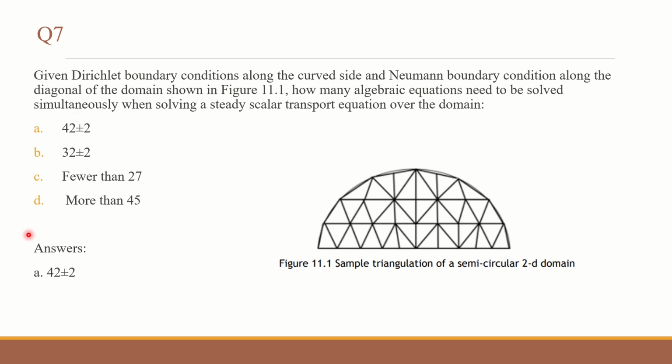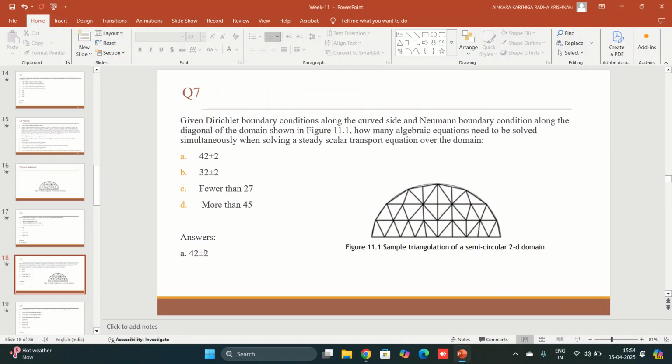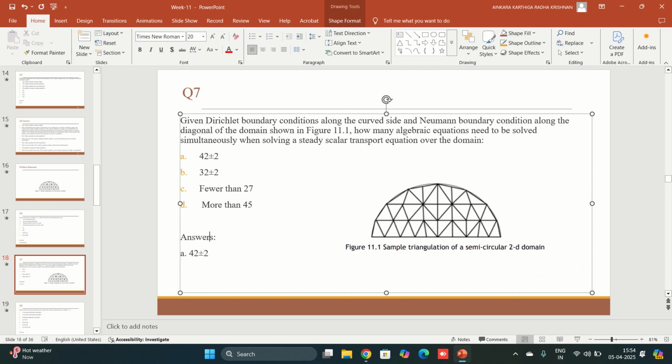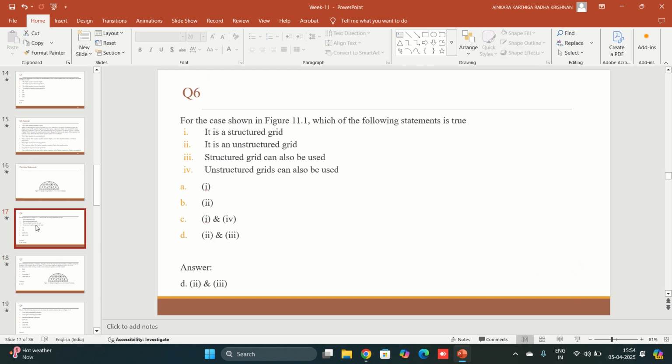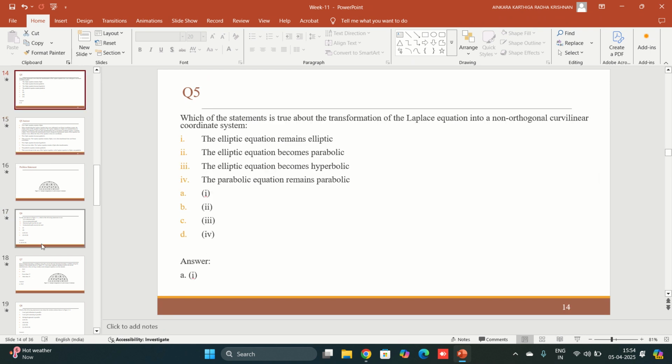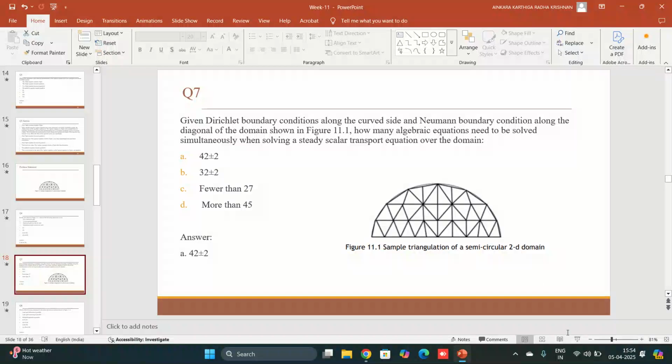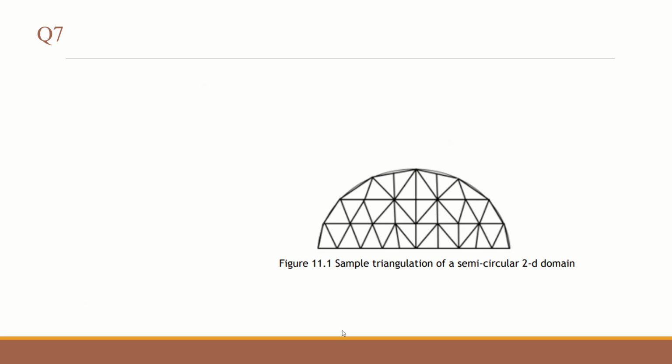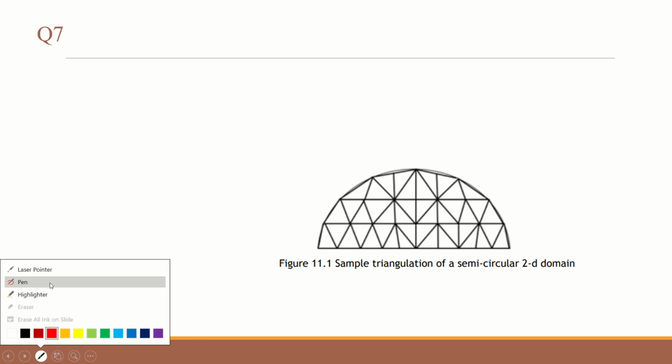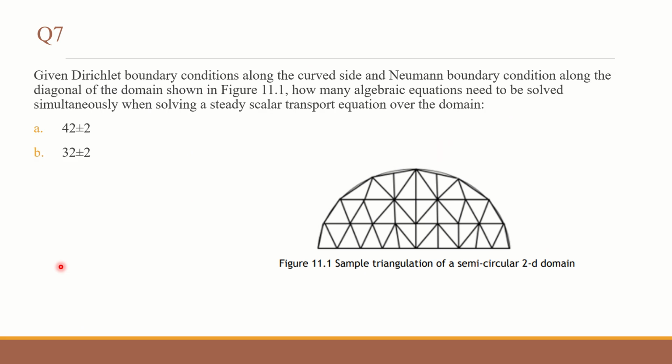Answer is option A, that is 42 plus or minus 2. So we counted the number of triangles, and it is closer to 42 plus or minus 2. So we will have to solve those many equations.